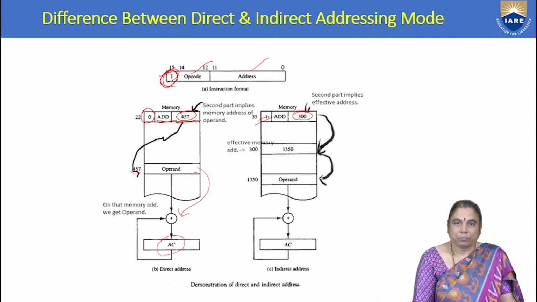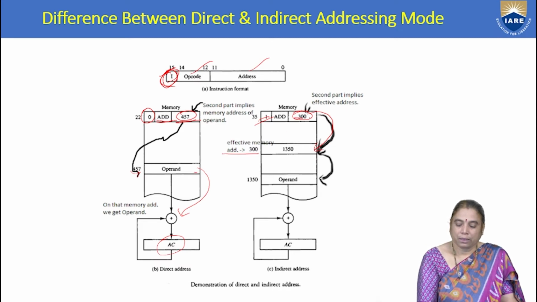In this example, we considered it as 300. At memory location 300, the effective address of the operand is available. So the system makes a move and refers to the memory. At location 300, there is 1350, which is the effective address.